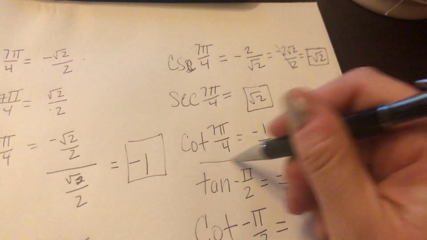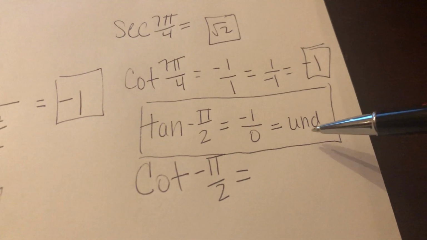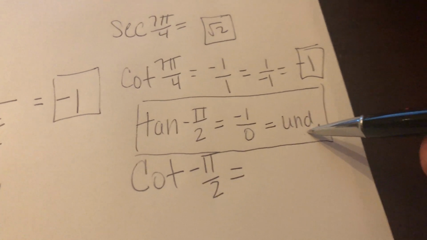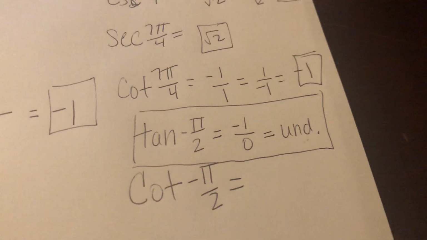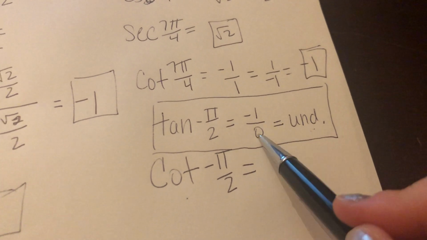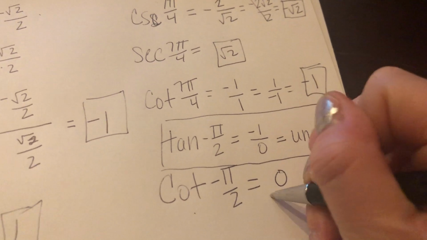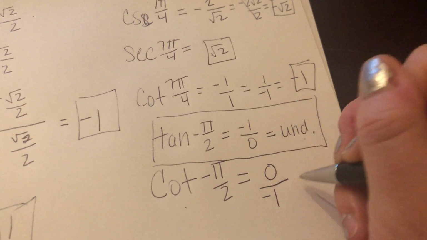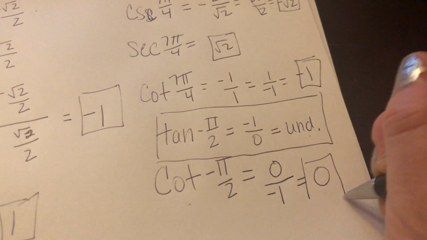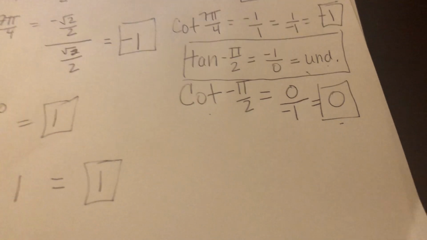I think I talked about that briefly in the presentation the other day, but I was trying to find one that had that. So the tangent at -pi/2 is undefined, but the cotangent's okay because it's the reciprocal. So the cotangent is 0 over -1, which is okay. That means it's 0. So the tangent is undefined and the cotangent is 0.